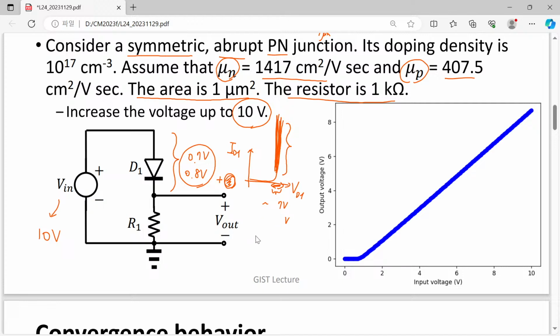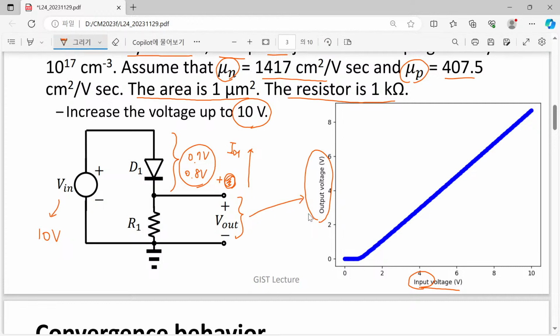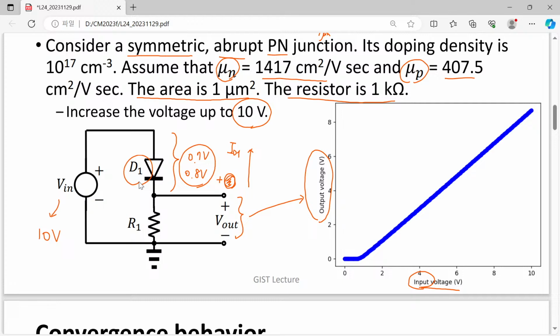Now you are looking at the numerical result in the right figure. Here we have input voltage as the x-axis, and output voltage as the y-axis. This is nothing but the applied voltage to the resistor. Since the D1 voltage is more or less just below 1 volt, all of the remaining voltage will be applied to the resistor.